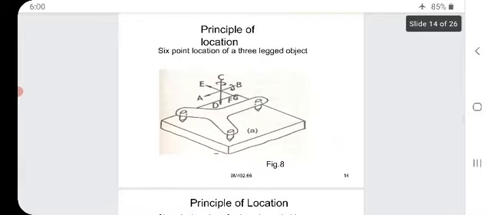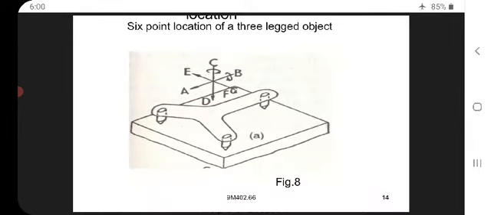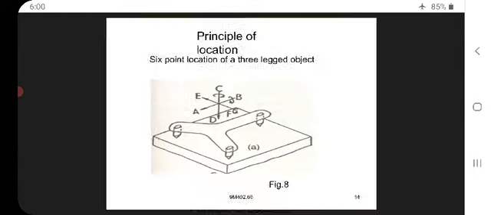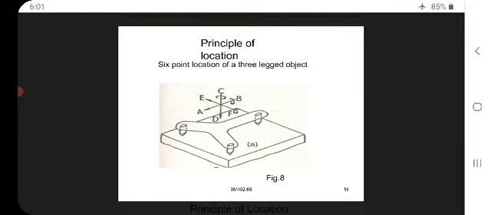Now the six-point location of a three-legged object. A three-legged object is nothing but an object in a Y shape. You are seeing a six-point location, from A, B, C, D, E, F, G. With the help of three points, we are locating the point.